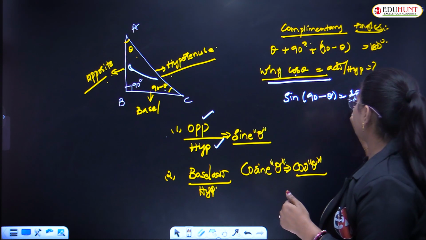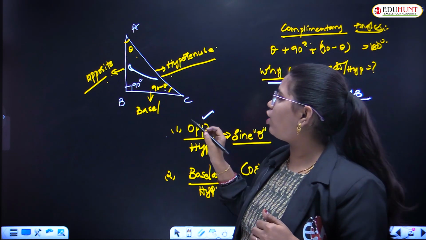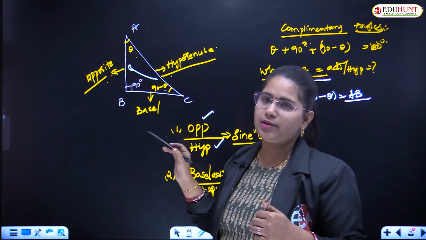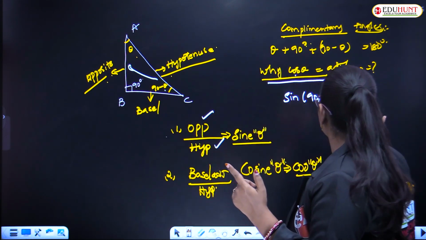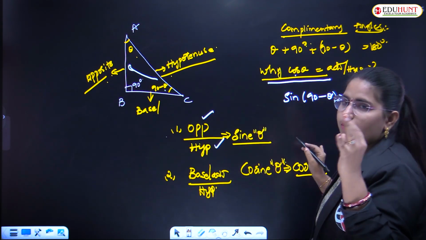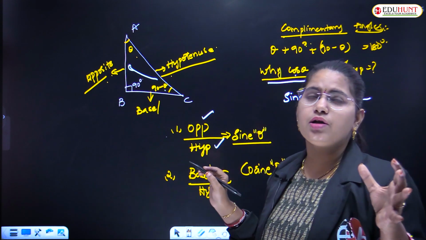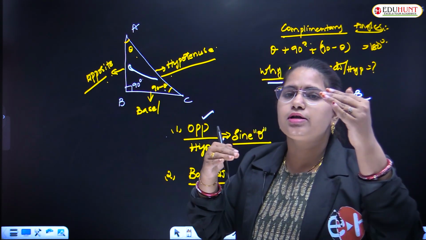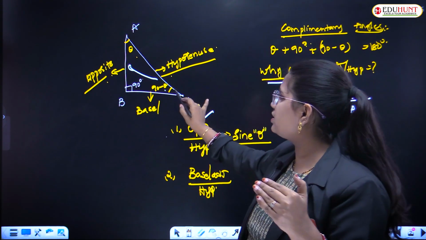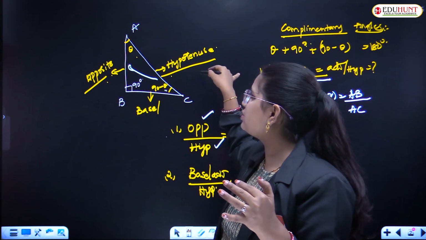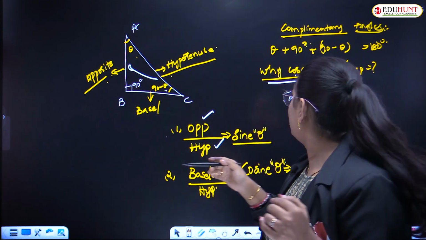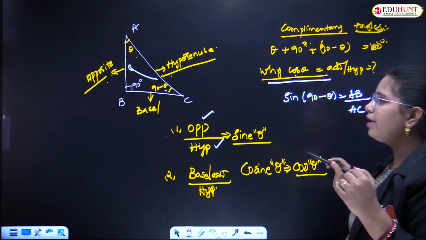And what is the hypotenuse? The longest side is AC. So sin 90 minus theta is opposite upon hypotenuse, so we have AB upon AC.